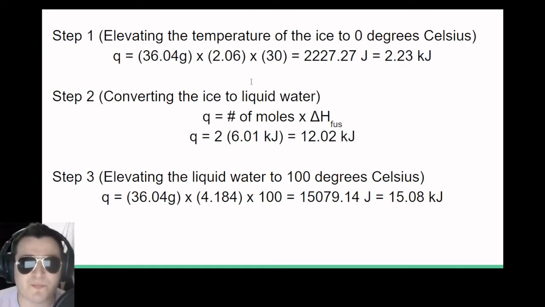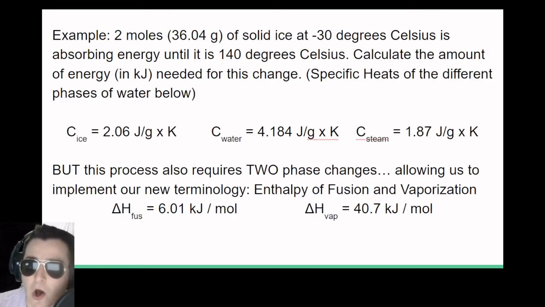Then we also have to put in the energy to convert solid ice to liquid water. Once again, the terminology for that is delta H of fusion, the heat of fusion. The energy required to go from the solid to the liquid phase, and that's based on the moles. Well, they gave us all of the values that we need. It is a constant value. For every 1 mole of water, it will take 6.01 kilojoules in order to overcome that.